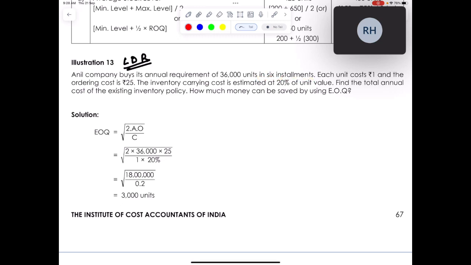A very important interpretation will be derived from the first line of the question. My client name is Anil Company. The annual requirement of raw material is 36,000 units. And Anil Company right now is buying the entire requirement of raw material in 6 installments.